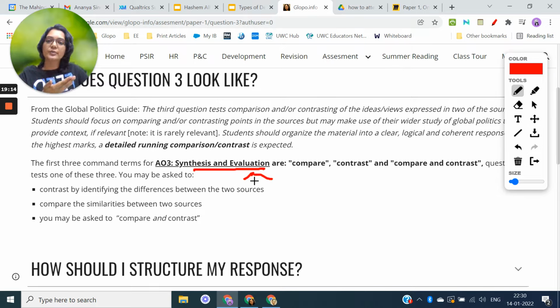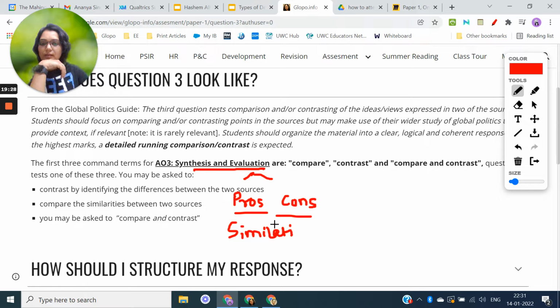When I say evaluate, that means I'm looking at the pros and the cons, right? I am looking at the similarities, and the differences. This is what it is looking for.